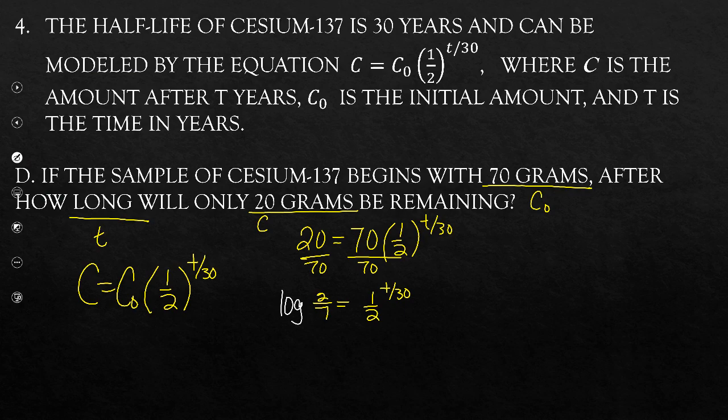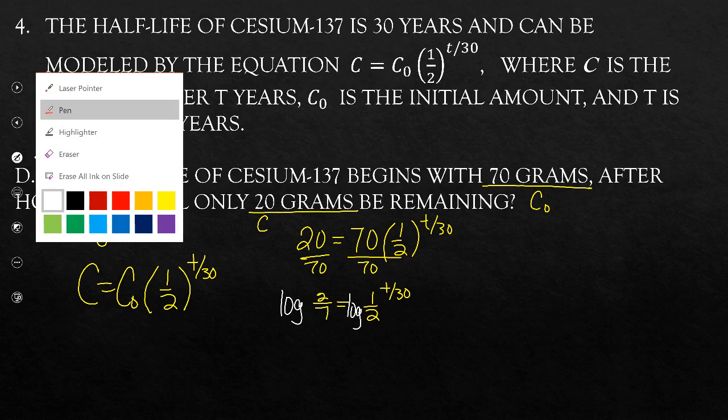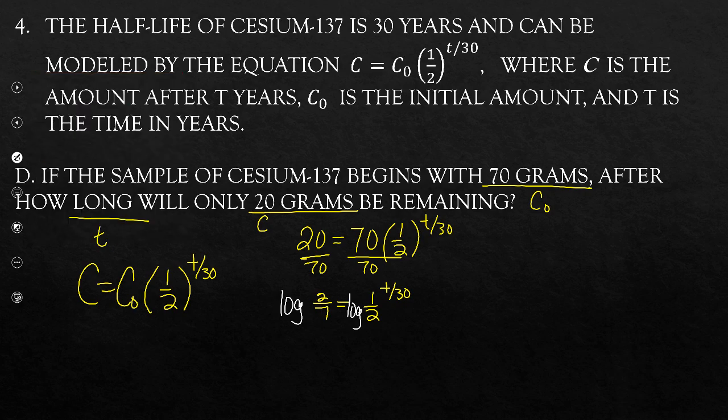So I'm going to do log base 10 of 2/7 equals log base 10 of 1/2 to the power of t over 30. And our log properties state that that power, t over 30, is going to trickle onto the front and become a coefficient. So log of 2/7 equals t over 30 multiplied by log of 1/2.